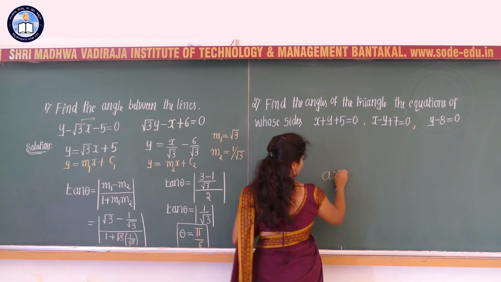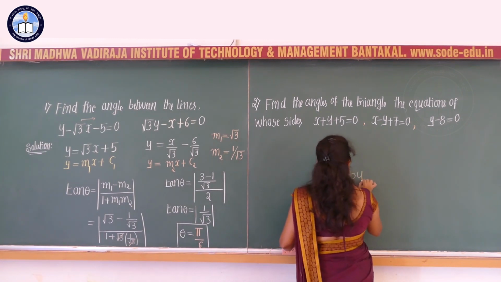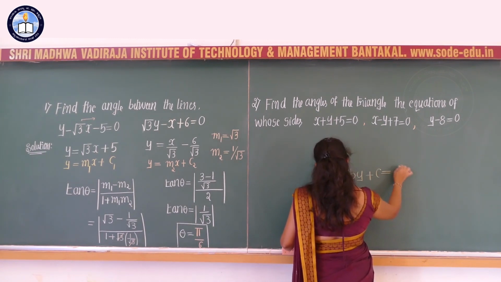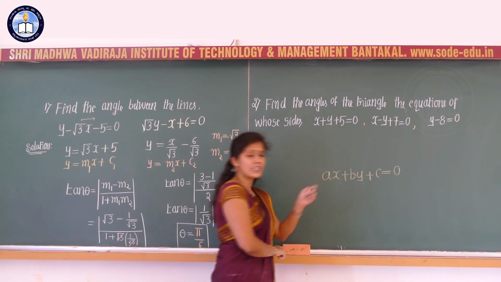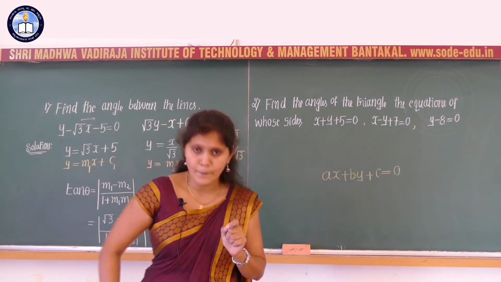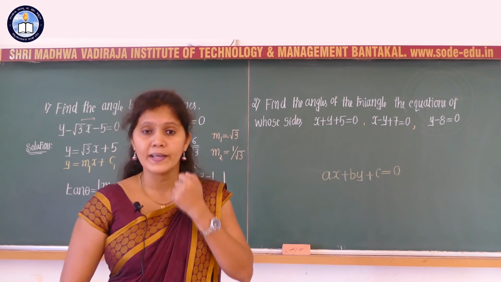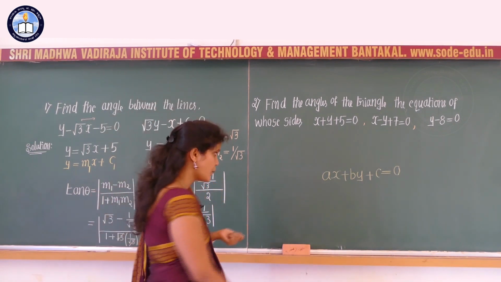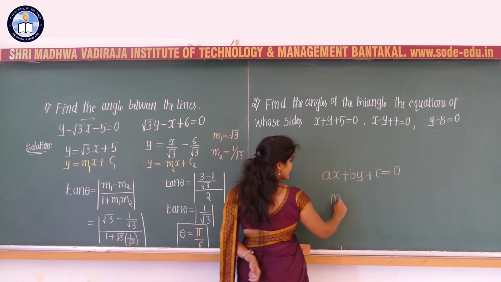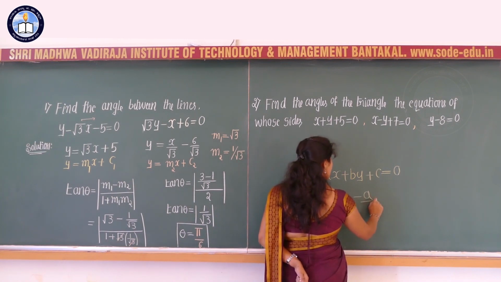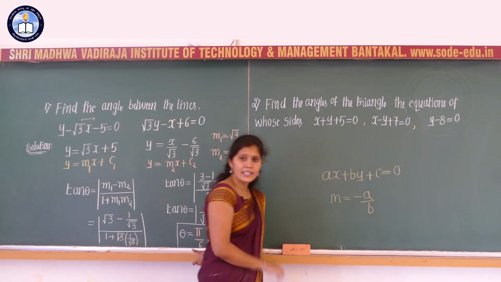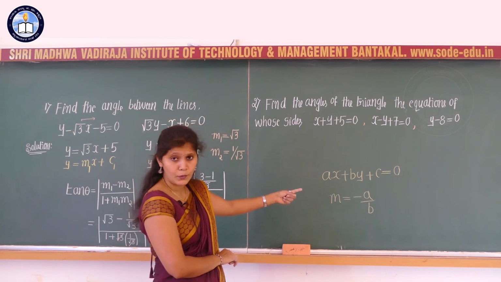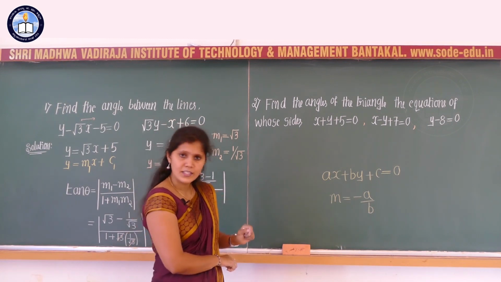So the general form of the line is nothing but a into x plus b into y plus c equal to 0, right? So if the equation is given in the general form, how to find out its slope, or whether it is possible to get the slope? Yes, obviously, the slope of the line is given by the formula minus a divided by b. Minus a by b gives the slope of the line if it is given in the general form.